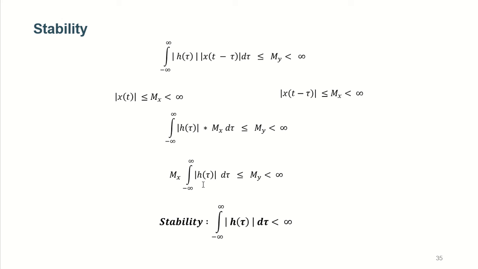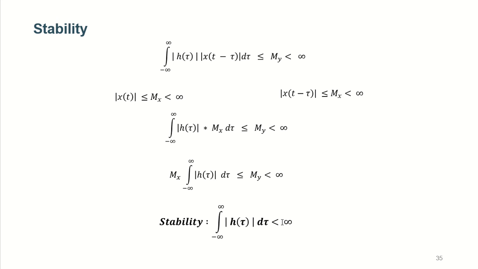The system will produce bounded output for bounded input, and that stability of the system we call BIBO stability, bounded input bounded output stability. So again, this is the condition for an LTI system to be a stable system: the integral from minus infinity to infinity of h of t d t, or h of tau d tau, is less than infinity.